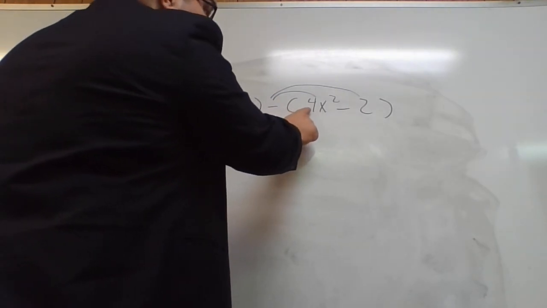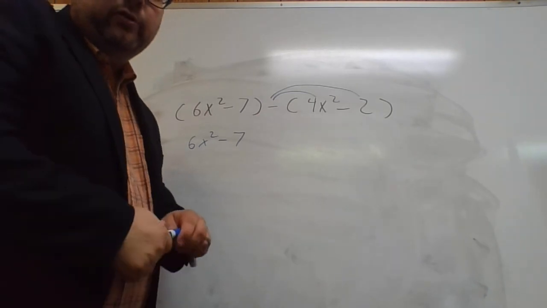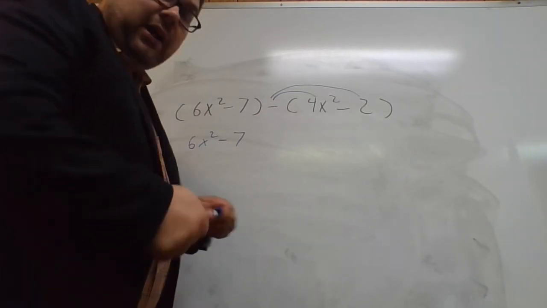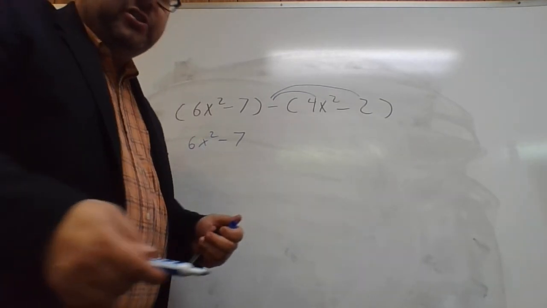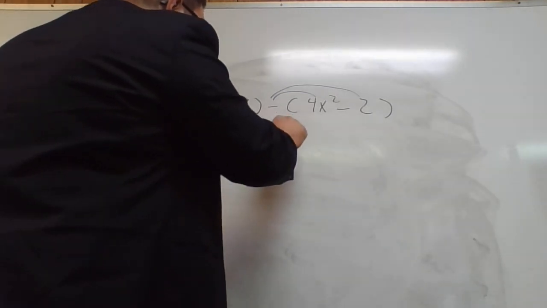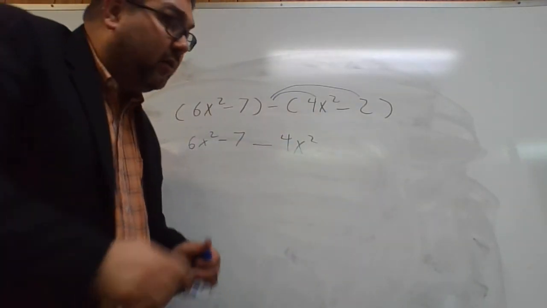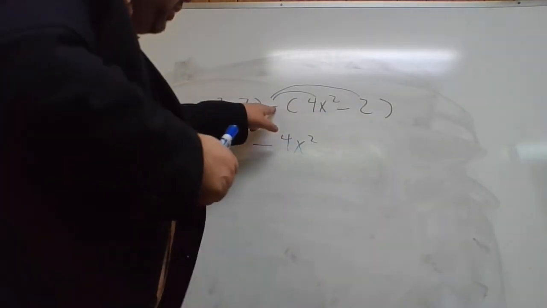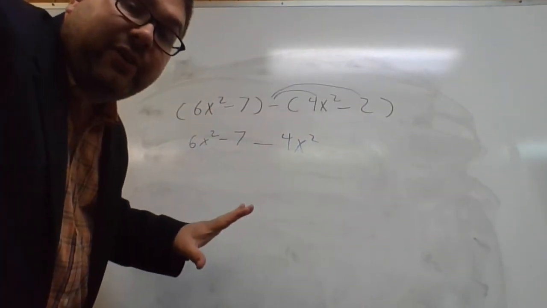Now, notice inside parentheses we have 4x to the second power, or 4x squared. Well, what's the opposite of 4x squared? The opposite, if I change its sign, minus 4x squared. This one is easy to see because we see a minus, then we see the 4x squared. It's easy to see that.